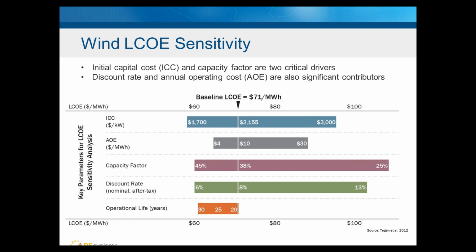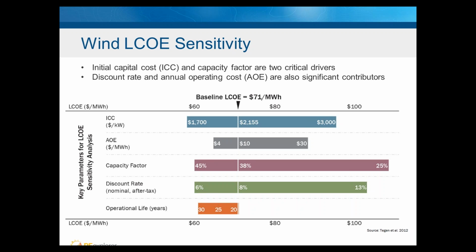In this example, there is also another study looking at the LCOE sensitivity of wind technology. Here are the two summaries from that study. The initial capital cost, basically the system cost that we just talked about, and the capacity factor are two critical drivers of the LCOE for wind technology.